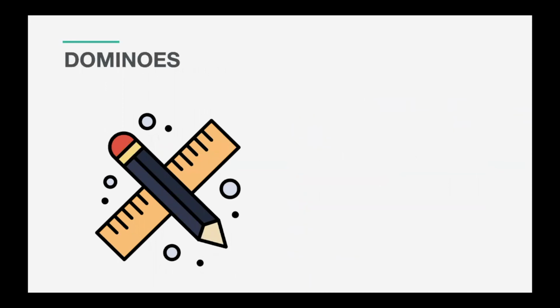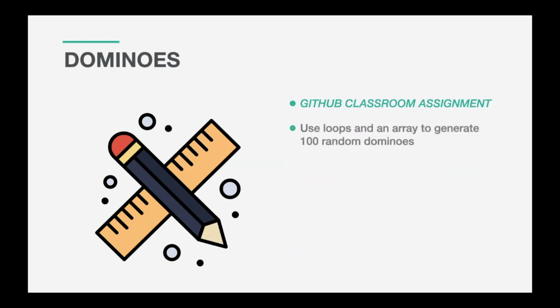Your other assignment for this week is dominoes. This is also a GitHub Classroom assignment, and this is an exercise. And what you're going to be doing for this assignment is you're going to be using loops and array to generate 100 random dominoes. Now I'm providing you with the HTML template and the CSS.